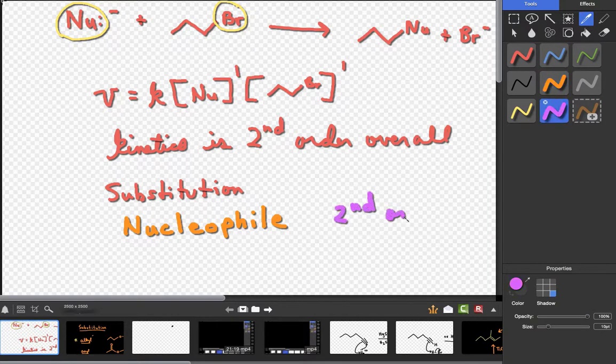A lot of people get confused that the 2 means it happens in 2 steps. That's incorrect.